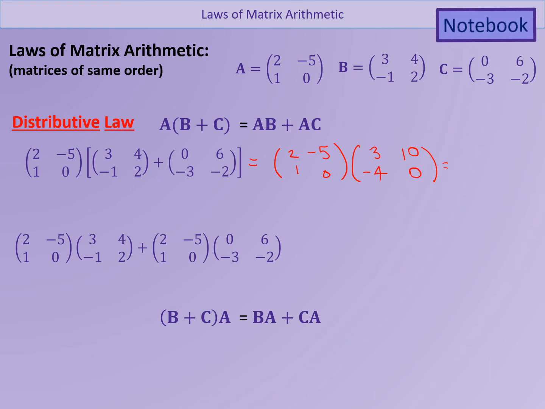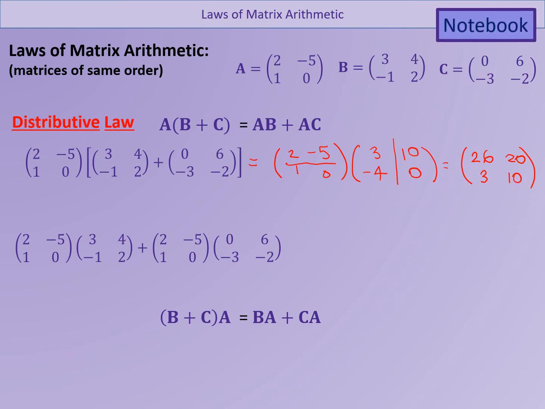And then these two multiplied together. So let's have a line across and a line going down. So we have 2 times 3, so we have 6 plus 20 is 26, and 20 and nothing is 20. 3 for the next one, and 10 for the last.